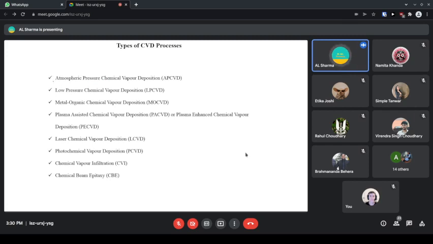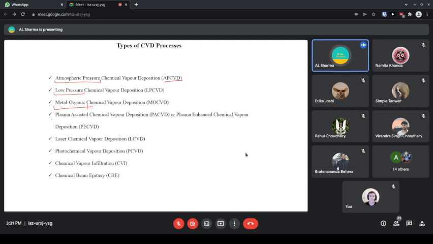If you are sending the reactive precursors at atmospheric pressure, it is said to be APCVD, atmospheric pressure chemical vapor deposition. If you are using a vacuum at low pressure, it is said to be LPCVD. If you are using metal organic precursors, it is said to be MOCVD.